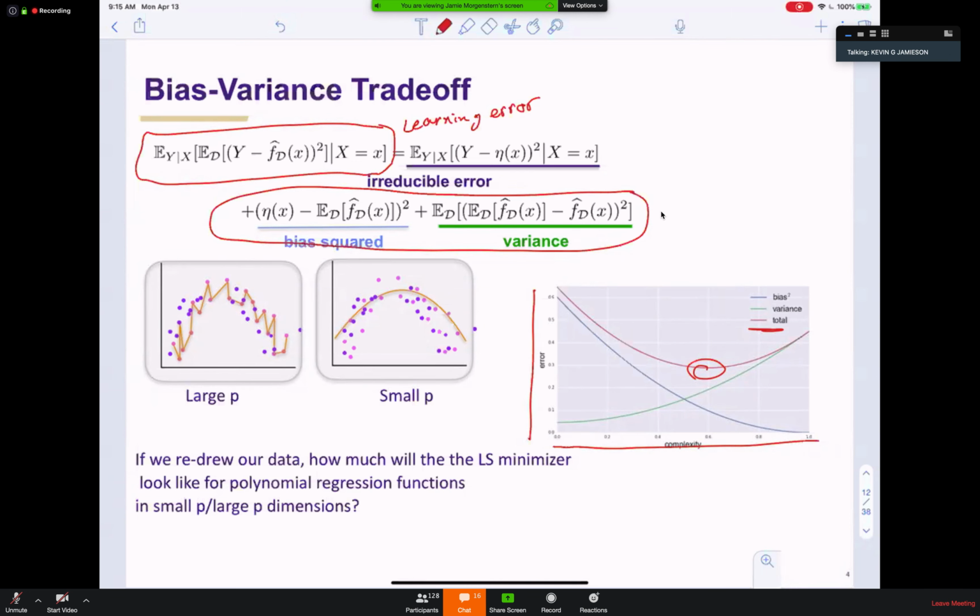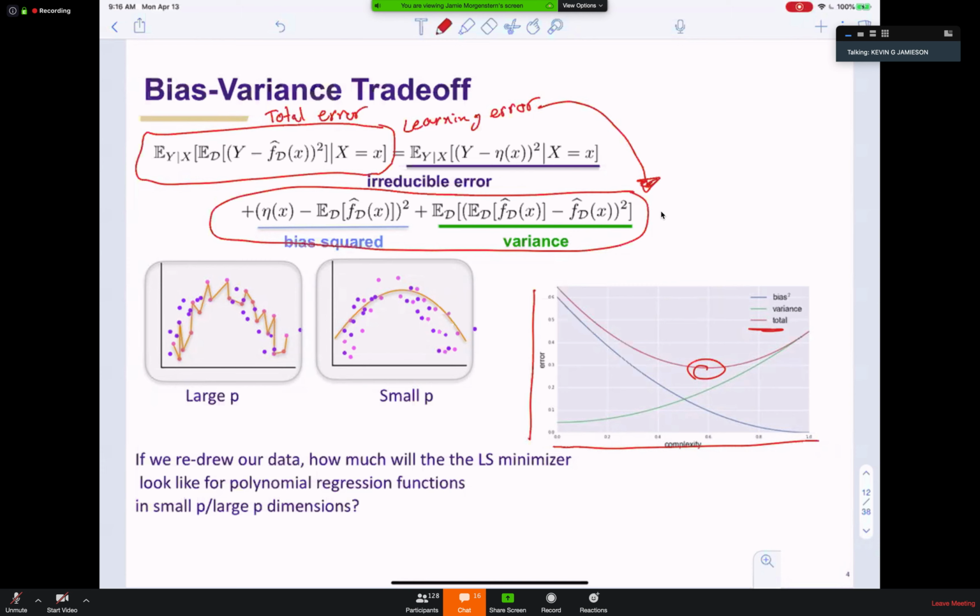Great. Can I offer a possible explanation? Absolutely. Let's say the data that we're observing is drawn according to a 7-dimensional polynomial plus noise. Let's just say that's the true model that this data is being drawn from. Now, if I use a p=3 model, a 3-dimensional polynomial, I will never be able to fit a degree 7 polynomial with a degree 3 polynomial.